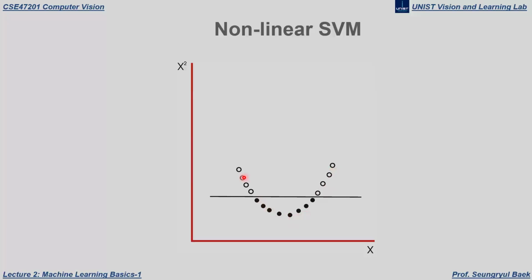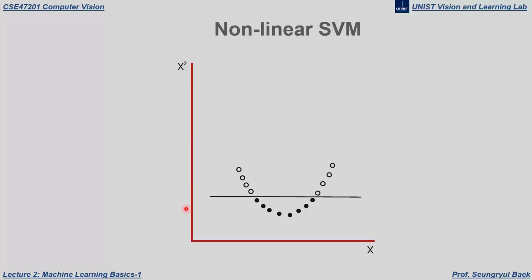And if you go further from the origin in this direction, it also becomes like this. When you see the original data in this transformed space, you can now draw one straight line that can classify these white and black samples, right?